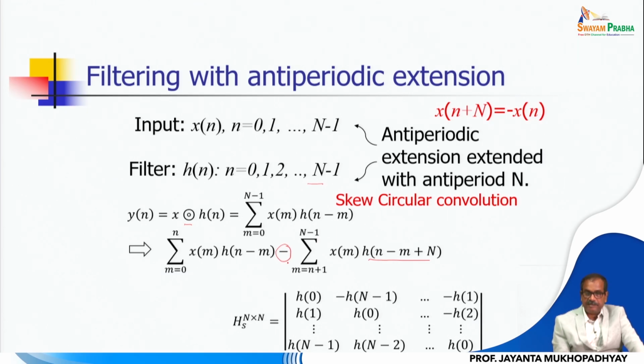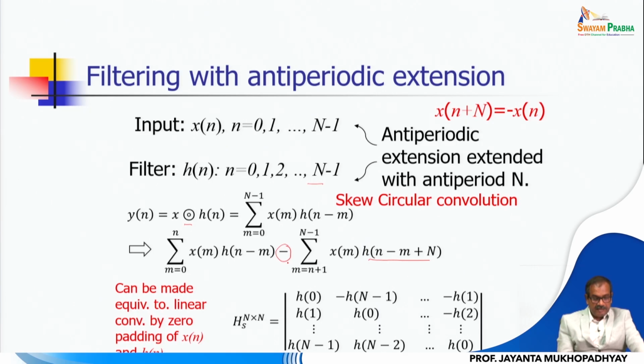So this can be expressed again in the form of matrix multiplication as before. And one thing I should mention, in both the cases of circular and skew circular, is that we can make them equivalent to linear convolutions by appropriately zero padding. That means your period would be so large that the effect of non-zero excitation would be covered within that length, and whatever zero excitation is there would be nullified, and that periodically gets repeated.